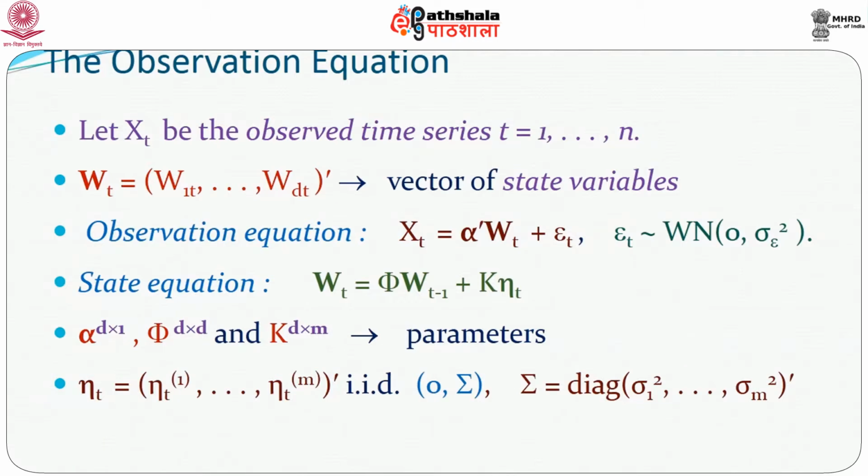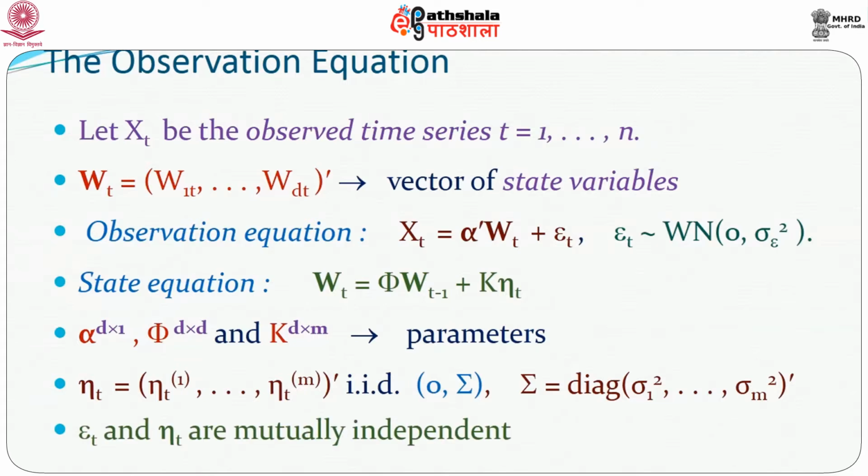Sigma is diagonal, with sigma_1 squared to sigma_m squared as the diagonal elements. That really means that the etas are independent among themselves. We also assume that eta_t is independent of epsilon_t. That is, the errors in the observation equation and the state equation are independent of each other.